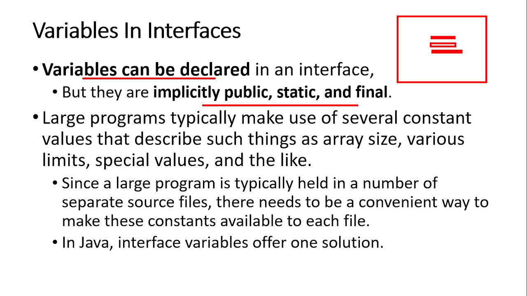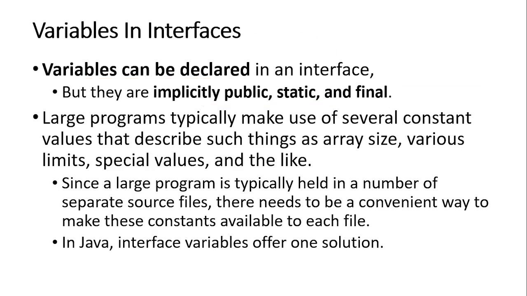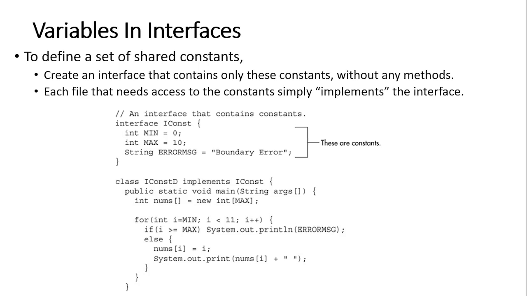You can place them inside an interface and then use them. Just to give you an example, I create an interface called I constant, and there are two constants, minimum and maximum, and so on. It can be used for calculation later, provided the class implements that particular interface.